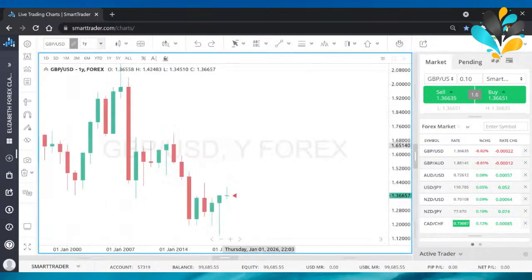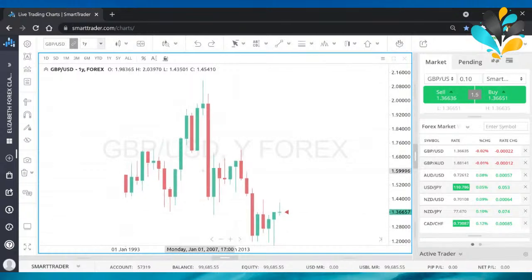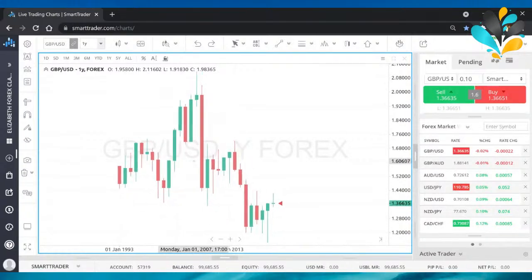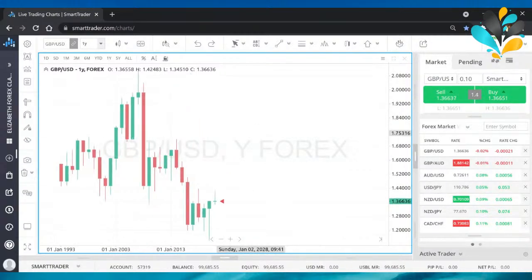So if we go to the 1 year chart, you'll notice that there's less candles because each of these candles represents a year. This market began in 1993, or it was shown on the charts from 1993 to today, which would be 2021. You can see all of the candles that represent each year.